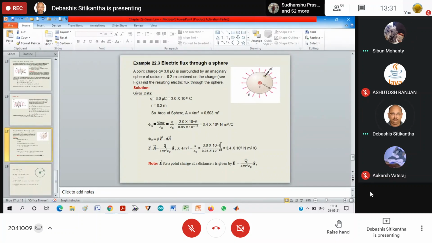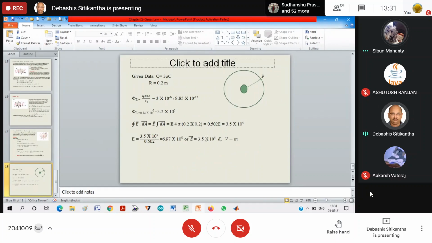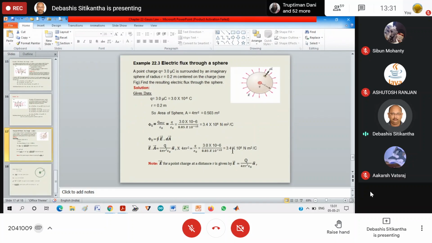And how much did we get over here? 3.5 followed by 5 zeros, and this term is 3.4. So here we have given some approximation, and there also we made some approximation. That's why it is coming differently.